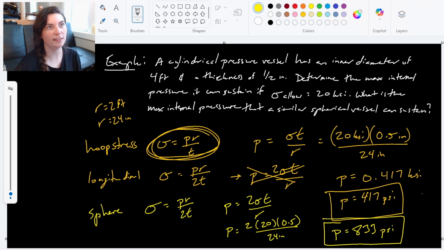So you'll often find that people will accept this lower pressure value because you can make a larger cylinder. It's a little bit simpler to go through the fabrication process and a little bit cheaper most times to get a cylinder than to get a sphere, even though the sphere would hold more. So these you'll see come up occasionally. These are just something to be aware of as we move on in this class.